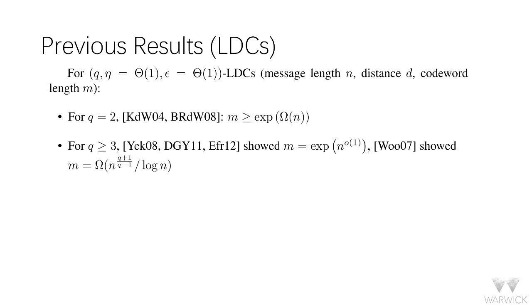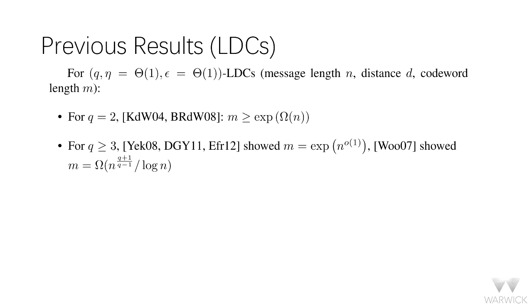For q at least 3, for the upper bound, Yekhanin '08, Dvir, Gopalan, and Yekhanin '11, and Efremenko '12 show that m can be exponential in n to the small o of 1, which is sub-exponential length.